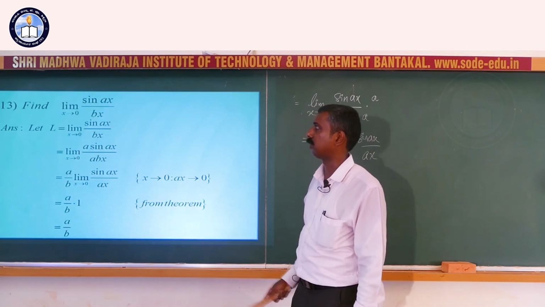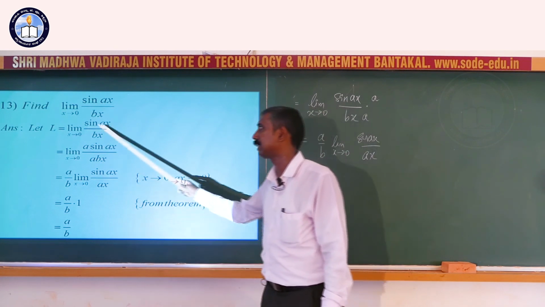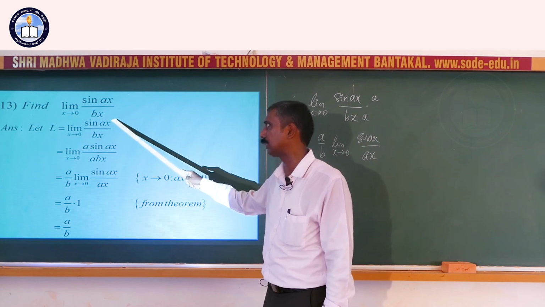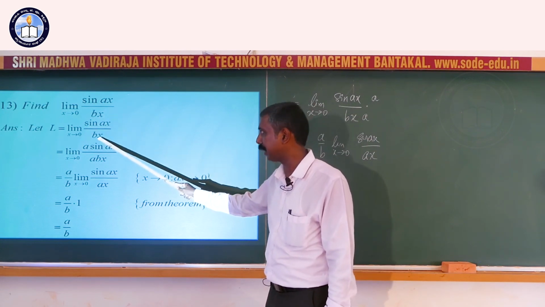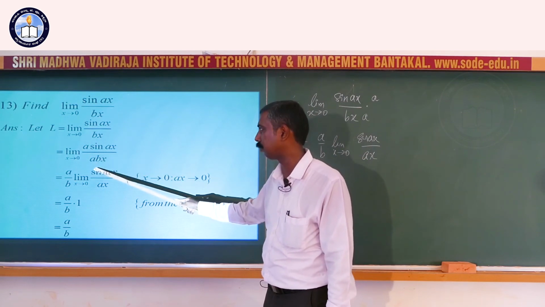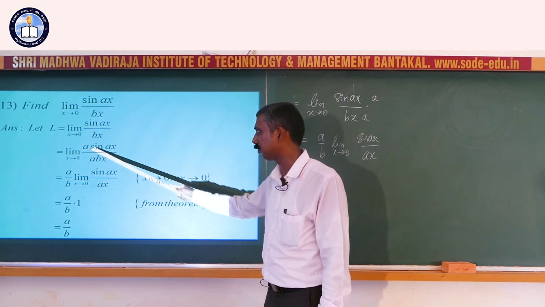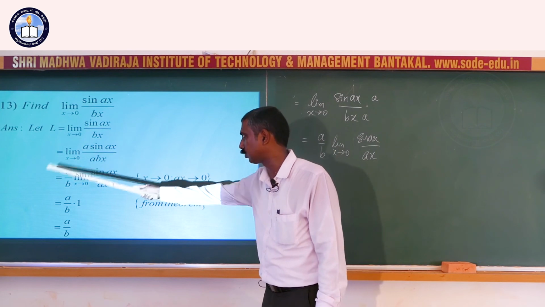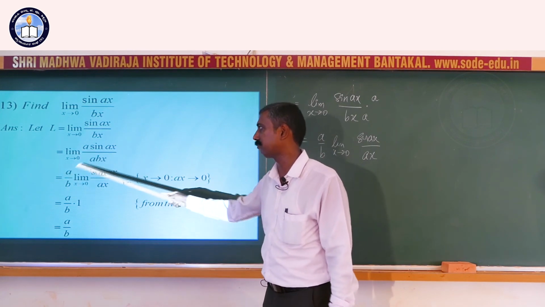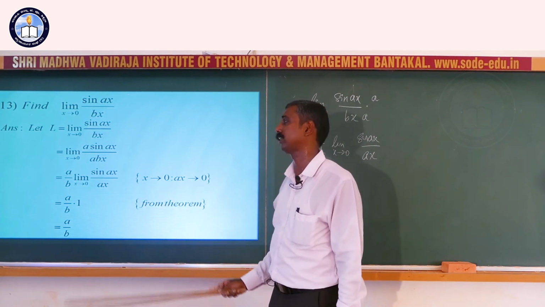So, let us go through the problem once again. It is sin ax by bx. The sine contains ax, not simple x, so we need one ax here. So, we introduce a by multiplying and dividing the numerator and denominator. Okay. So, a has been taken outside from the numerator, b has been taken outside from the denominator, as both of them are constants and do not affect the limit.